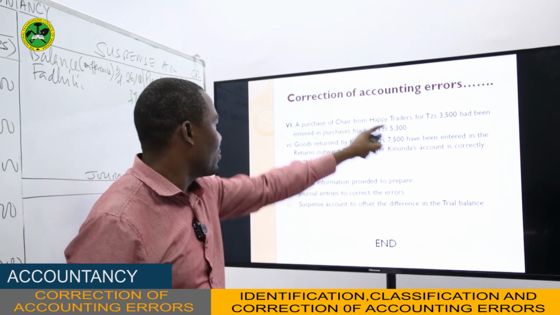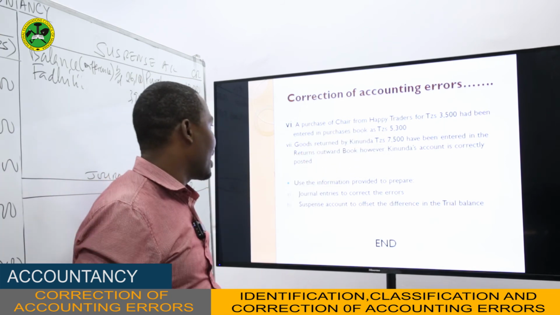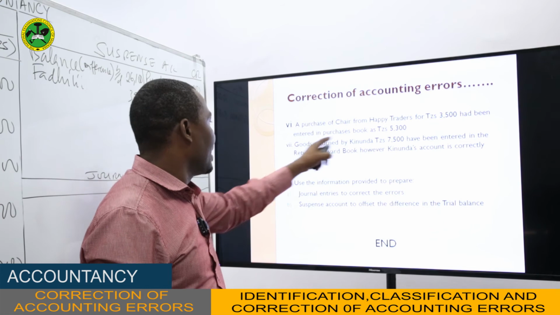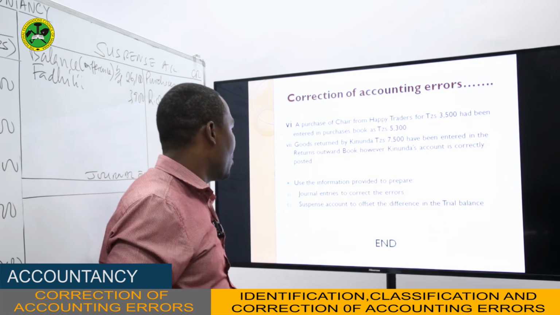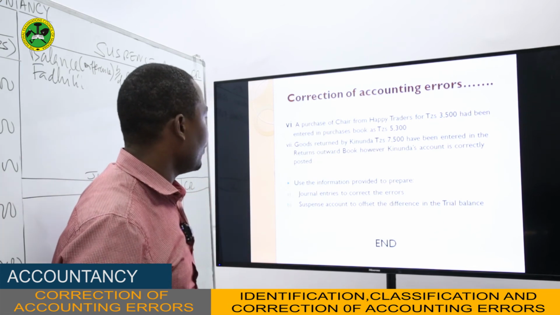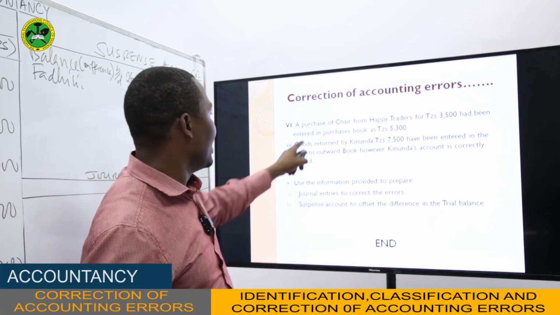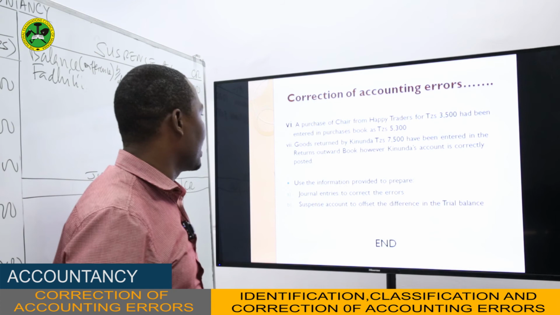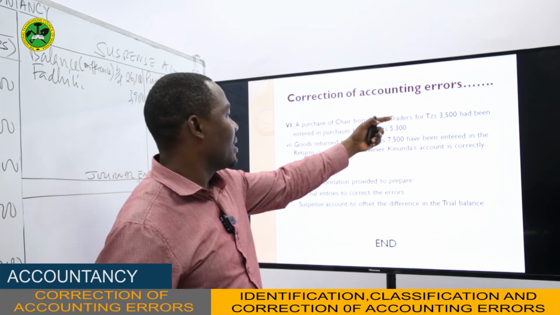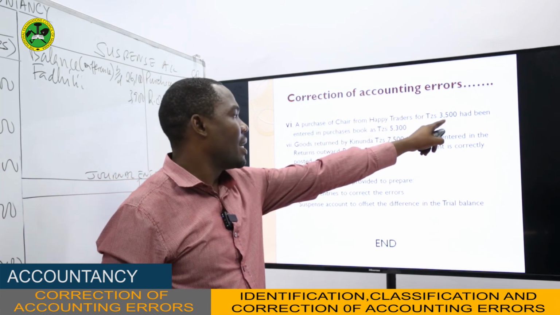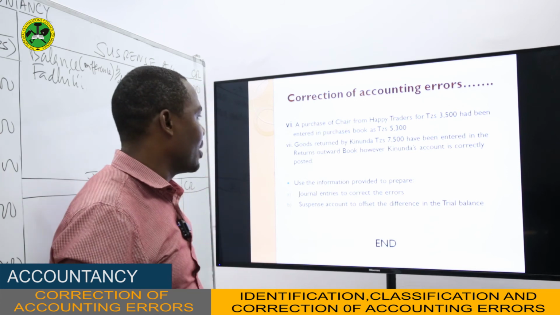Basically, it was a purchase of a chair. That was an asset, but it was entered as a normal purchase. That was the wrong entry first. So we need to remove it from the purchases account and recognize the asset, but at what amount? At 3,500.